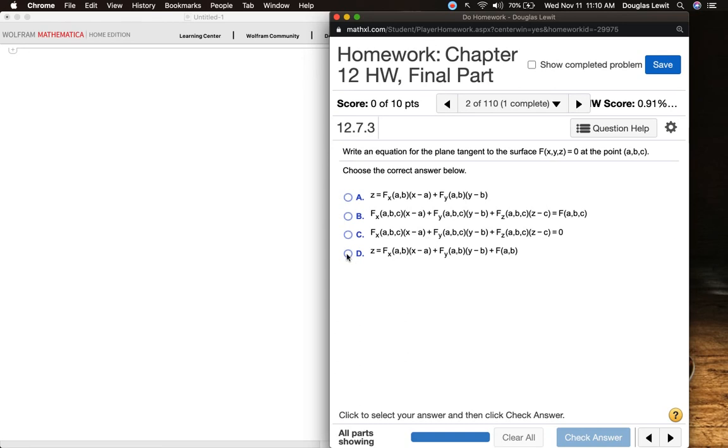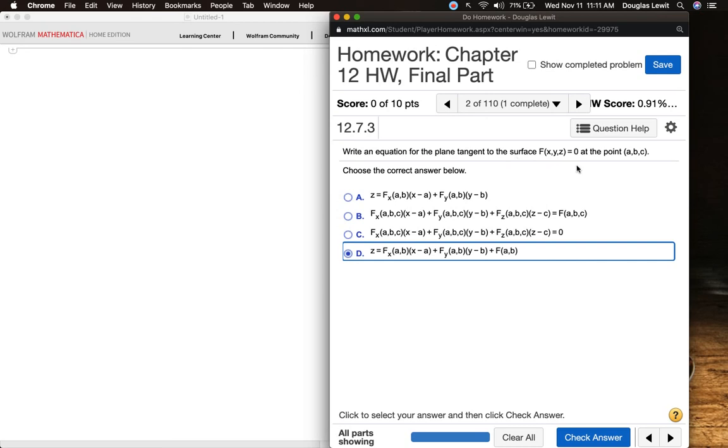I believe it's going to be option D. Actually, hold on one second. Write an equation for the plane tangent to the surface. Oh, you know what? Because we're dealing with three variables here.